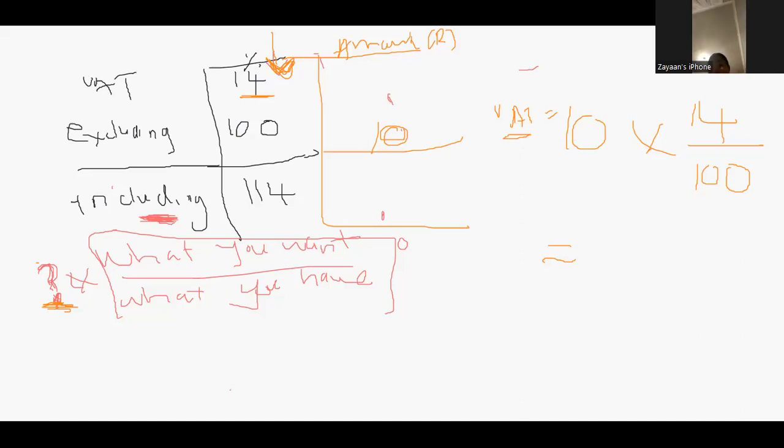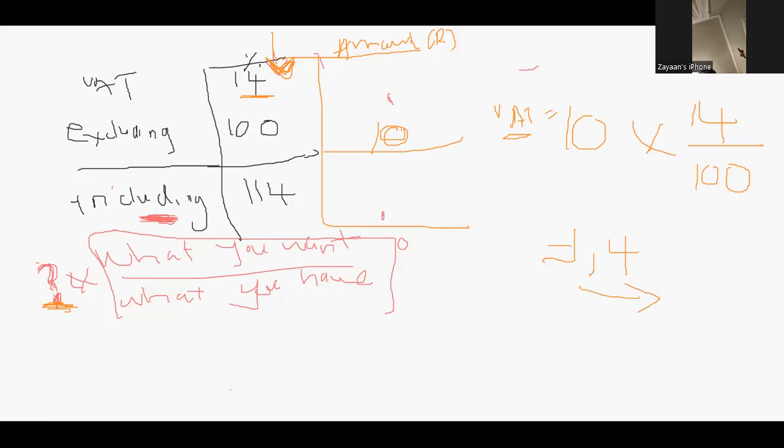Let me just check quickly. 14 divided by 100 is 0.14. And 10 times 0.14 is 1,4. The answer is 1,4.